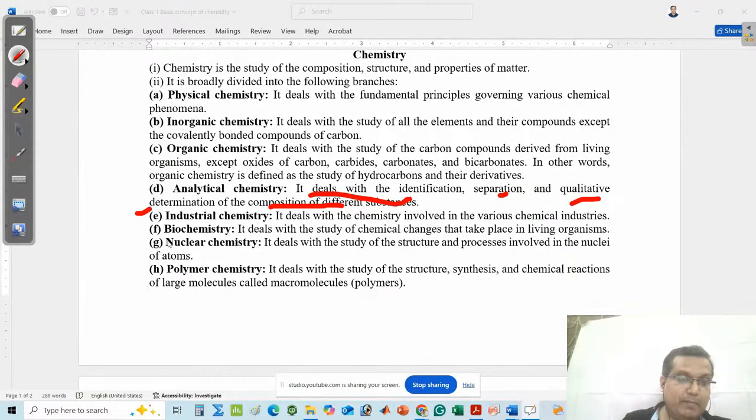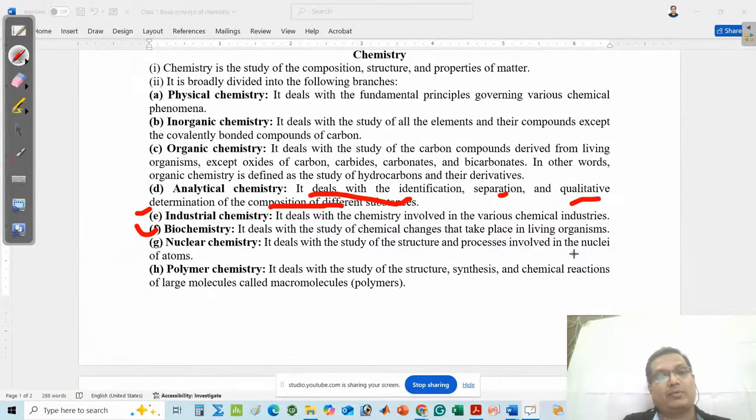Next is biochemistry. Biochemistry completely deals with biology. The chemical reactions that take place in living organisms can be explained in biochemistry.